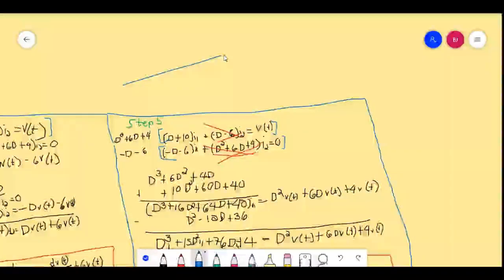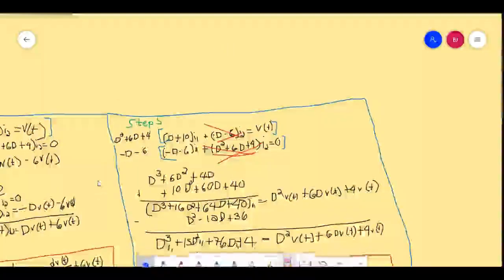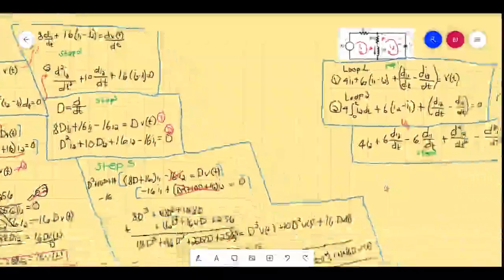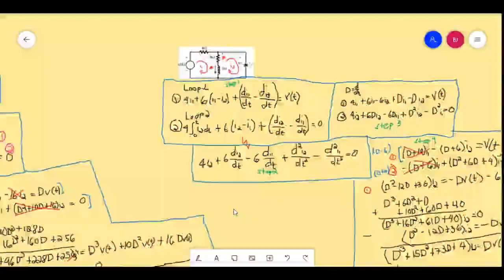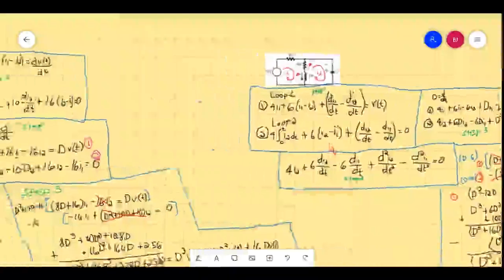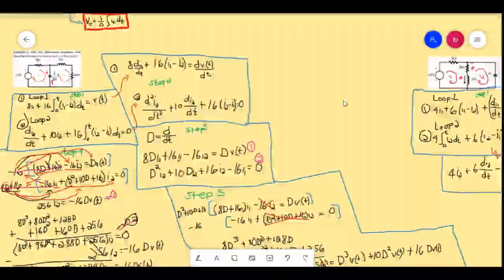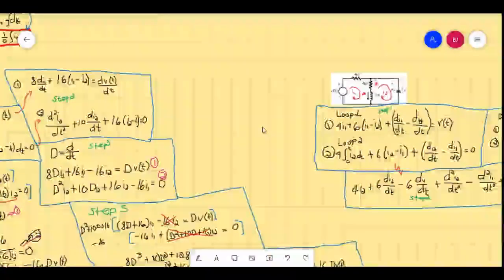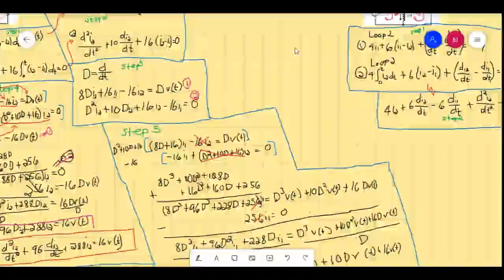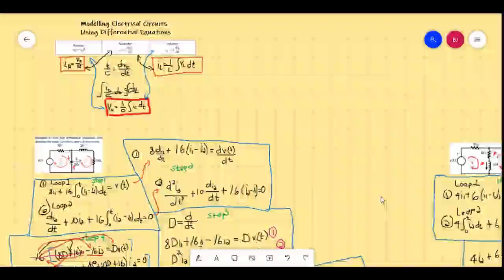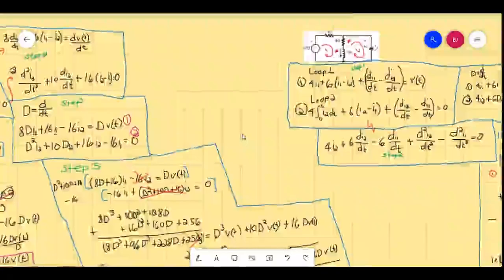Now, the tediousness of this solution will make you appreciate doing this by Laplace transform, because Laplace transform will be able to algebraically use the counterparts of each component, and get the differential equation a bit faster and simpler.